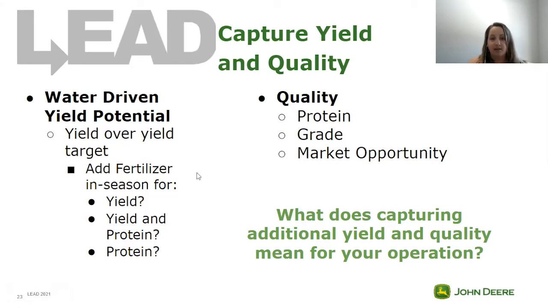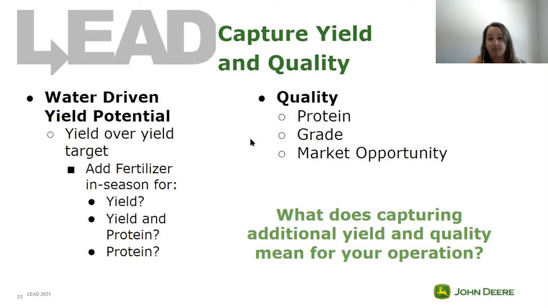Another thing we can target is quality. So we're talking protein, grade, and then possibly capturing that market opportunity. Is there a protein premium? Do I want to spray for this? Those types of things.